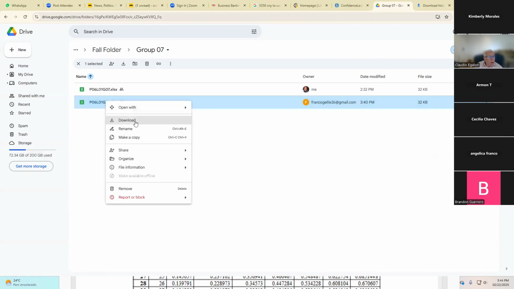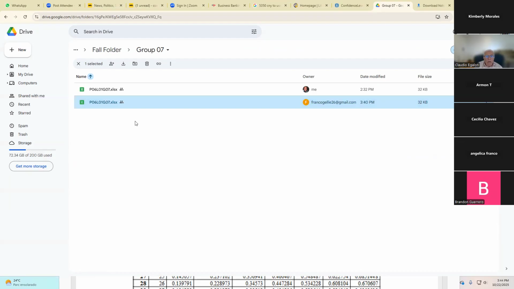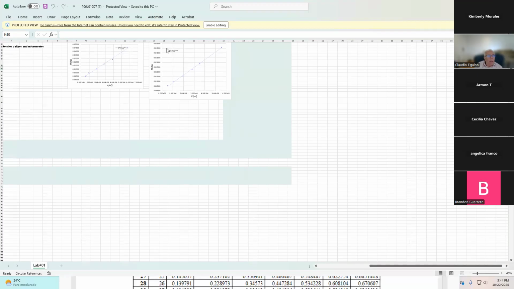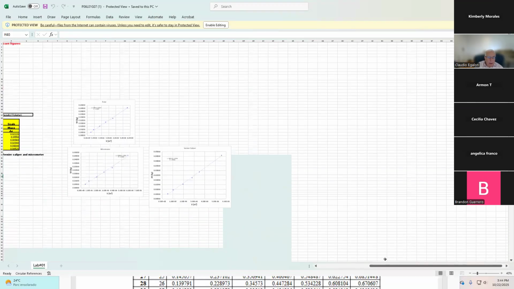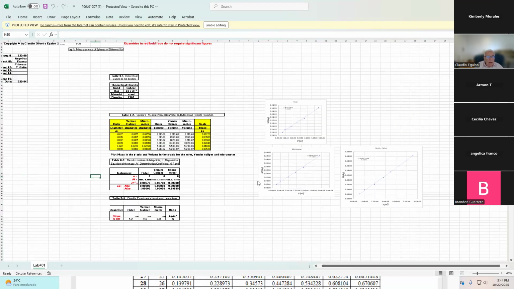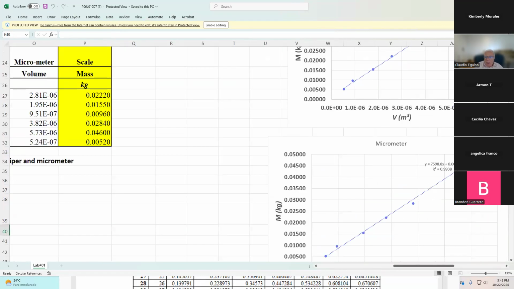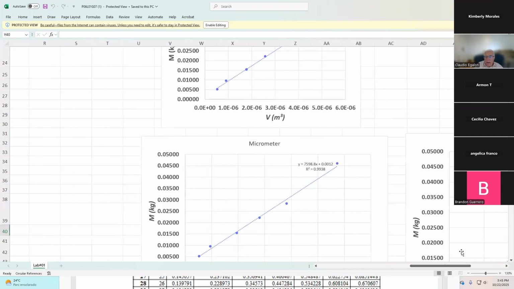I just want to see if you're able to see it. Okay, now it showed up. I see it. It's very small, but it's here. Yeah, it's the regression equation. Okay, thank you.